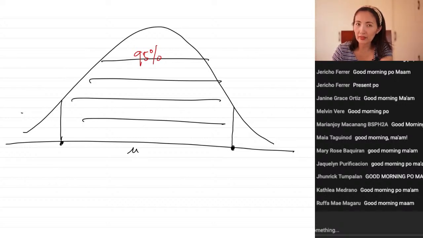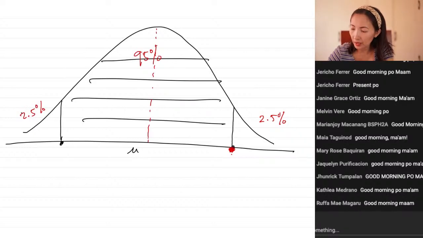So 5% divided by 2 is 2.5% each. So this is 2.5% and 2.5%.